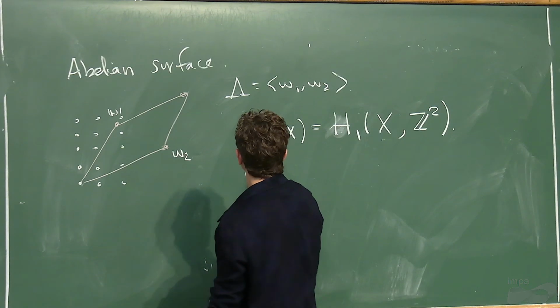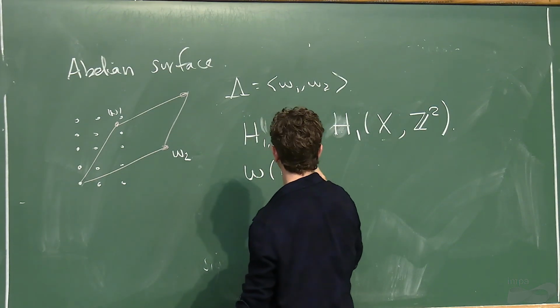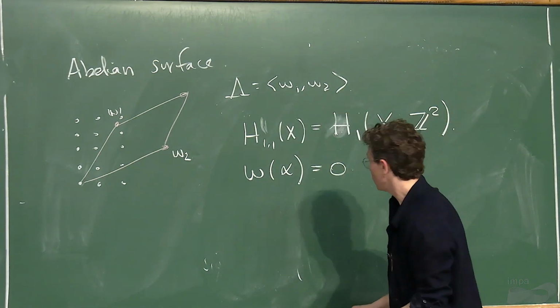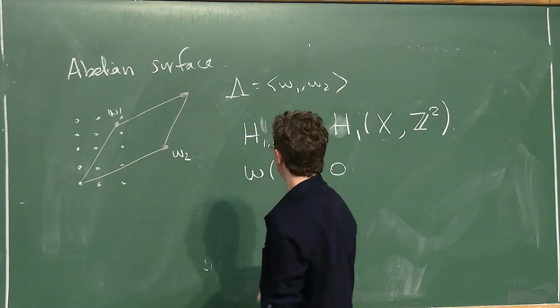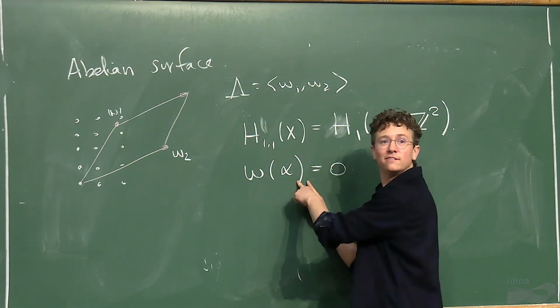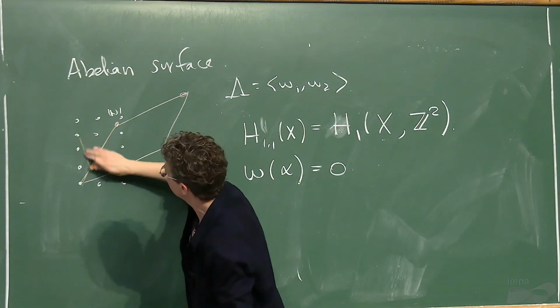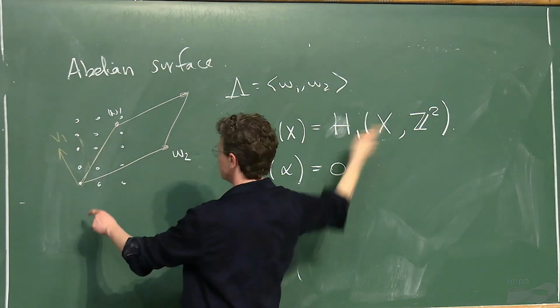And if something is in the kernel, I didn't give you the description of this map, but it turns out that it would be something like this cycle with an integer vector on it, a coefficient in Z2.